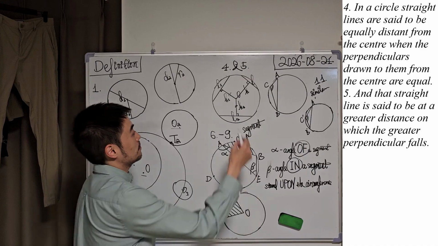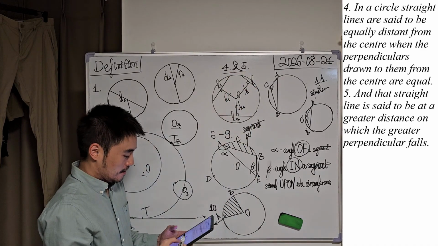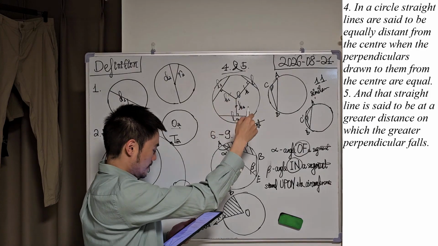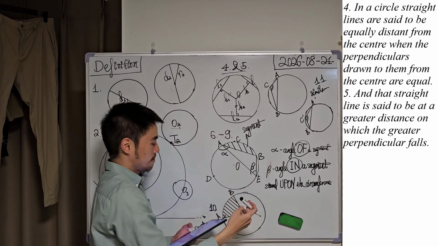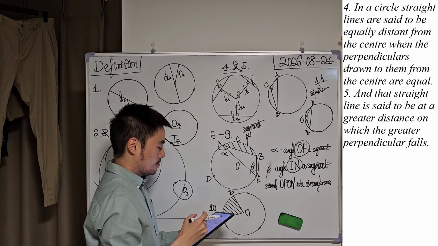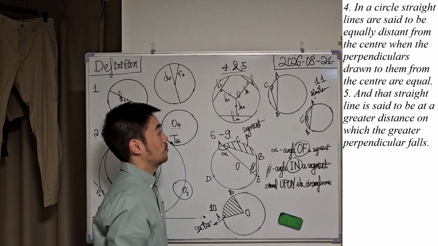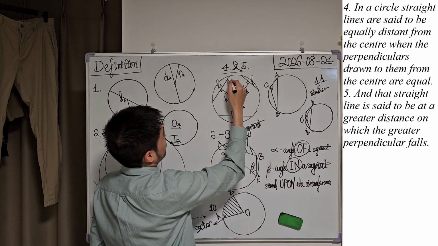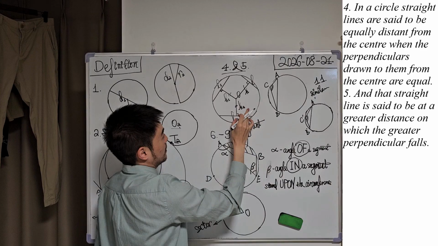And let's go to definition 4 and 5. We put them together again. So definition 4 says that straight lines in a circle are said to be equally distant from the center when the perpendiculars drawn to them from the center are equal. So let's say we have two straight lines L1 and L2 in the circle O, correct?